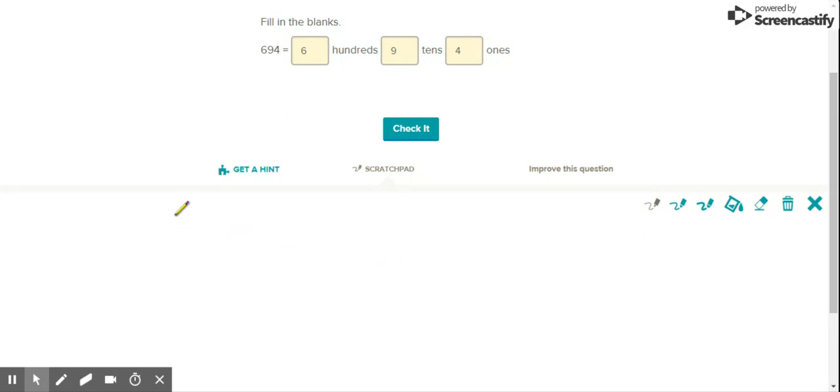The way that our book is asking you to write expanded form, it's the same thing, only instead of writing 6 hundredths, they're wanting you to write 600 plus, and then how many tens did we have? We had 9, and so that's 90 plus, and how many ones do we have? We have 4 ones.